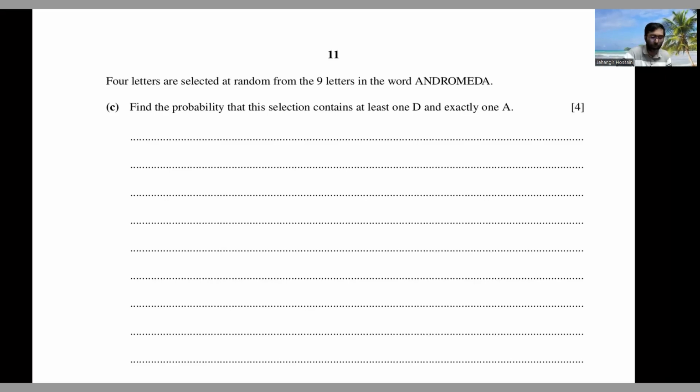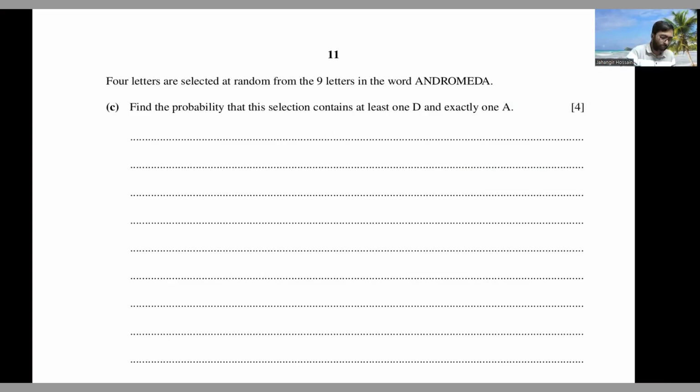But whenever you are finding the probability using selection, you have to take those two identical letters as two selections, not as a single selection.